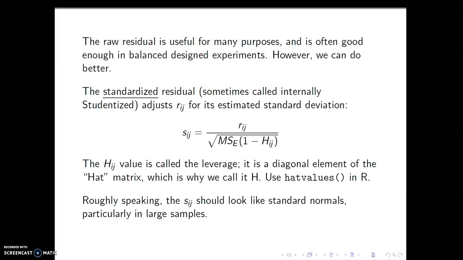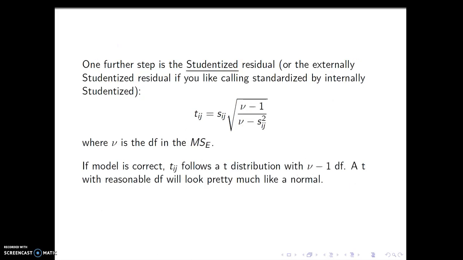And those numbers from the past lecture make clear why we shouldn't worry about that. The studentized residual, this is not internally studentized but externally studentized, is the following. We take the degrees of freedom for the mean squared residual and do this little transformation of it.